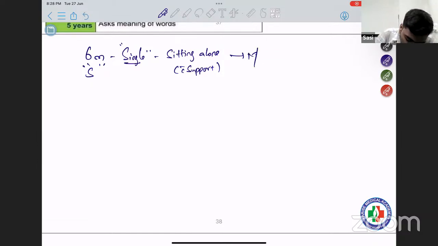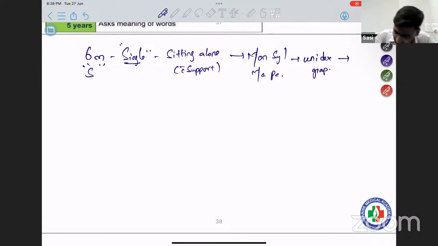So it will use only monosyllables like ma and pa, and it will use just one hand. If you're single, you will always use just one hand to text, so it is a unidextrous grasp. Fine. And if you're single, you will tell the mirror each day that you deserve better, so remember it as mirror play. Fine. This is about the 6 months.